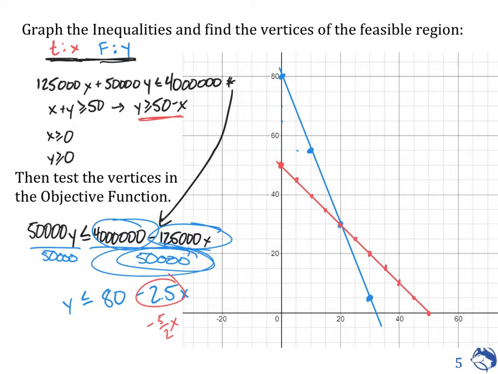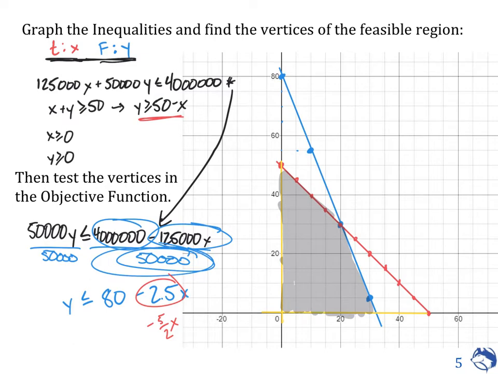My non-negativity constraints just say that both the y and the x have to be greater than or equal to 0. So my feasible region is going to be this area in here. That spot right there.